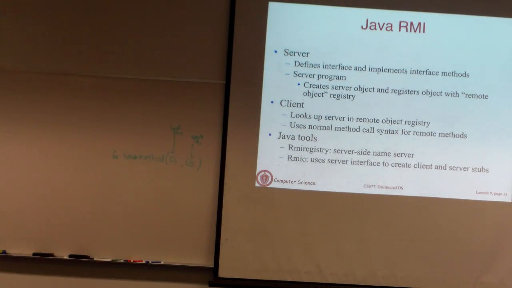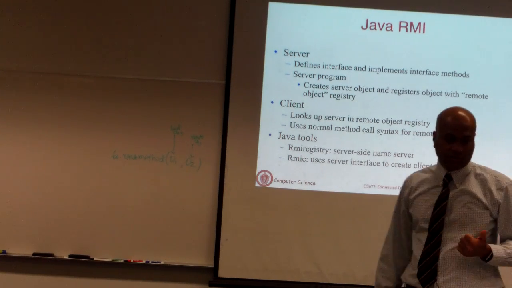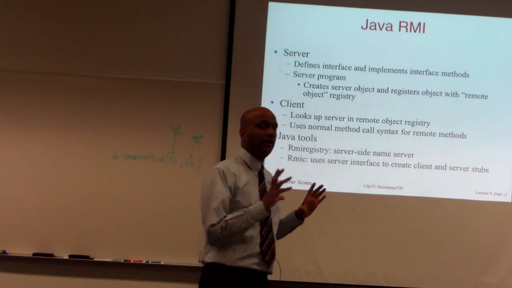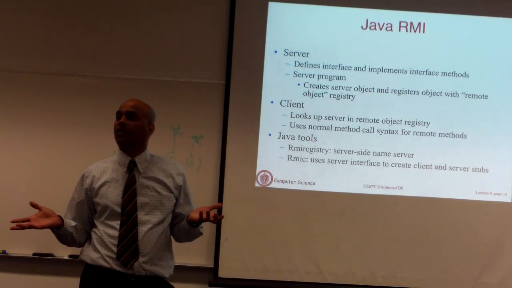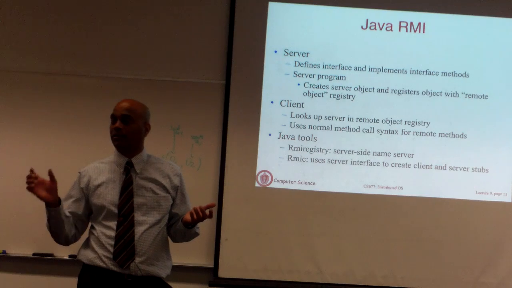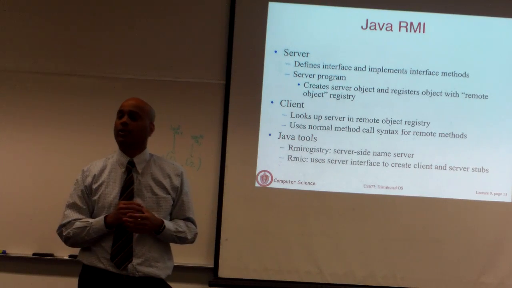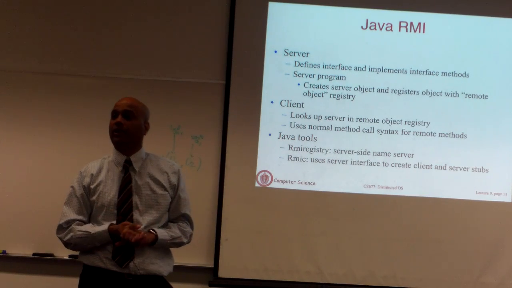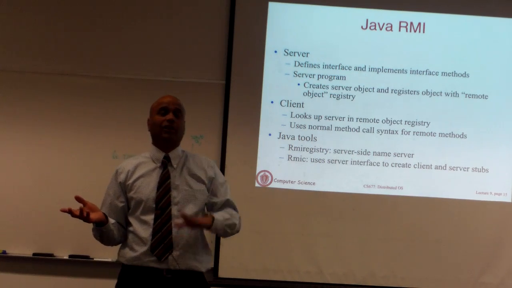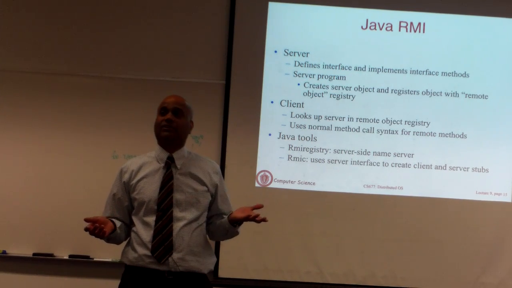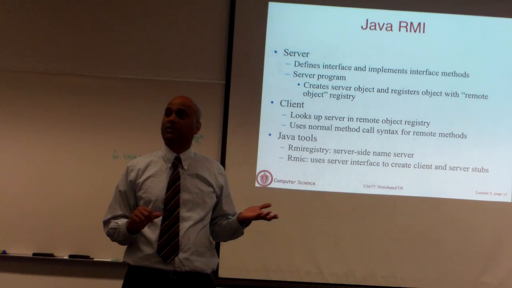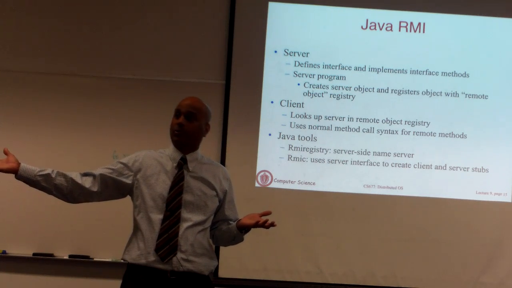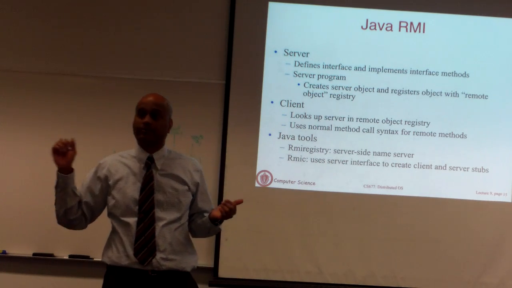It's built into Java's features. You can easily take a class and make it a remote object by just saying that it inherits from a remote object. Any class can be made into a remote object. In that case, the public methods of the class essentially become remote methods that can be invoked by other processes sitting on other machines.